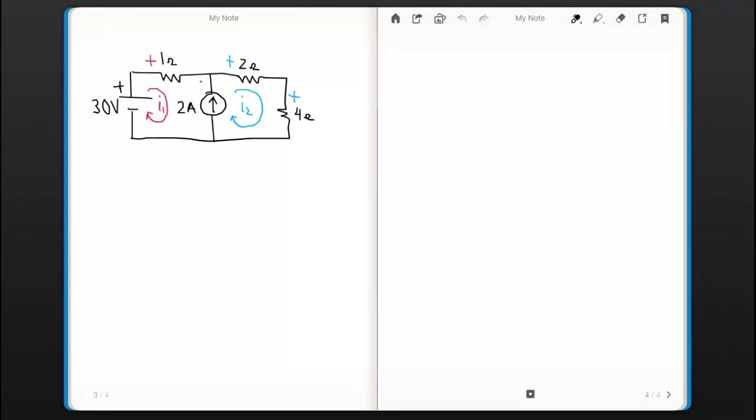So I'm just going to say that the voltage across this current source has the higher end on top, and I'm just going to use a variable VCS, okay, which represents the voltage across the current source.